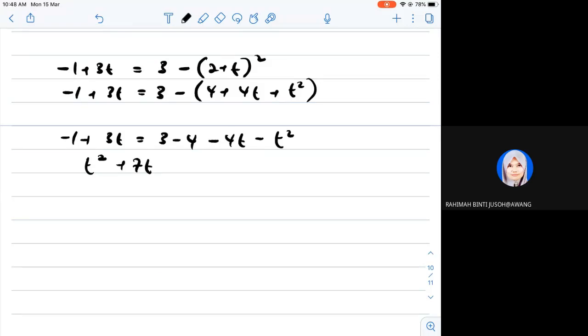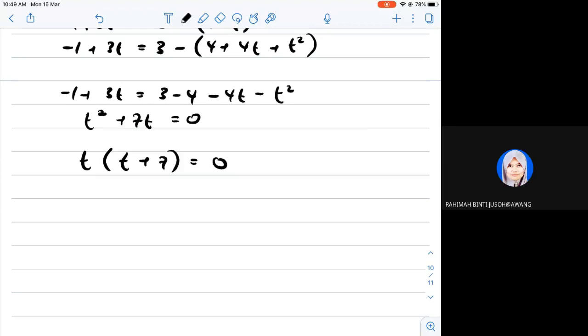And then 3 minus 4 minus 1 plus 1, it becomes 0, right? Equals 0. Right? If I say something wrong, sometimes I do it too fast and make mistakes. Okay, so t equals 0, and then t plus 7 equals 0, so t equals negative 7, isn't it?